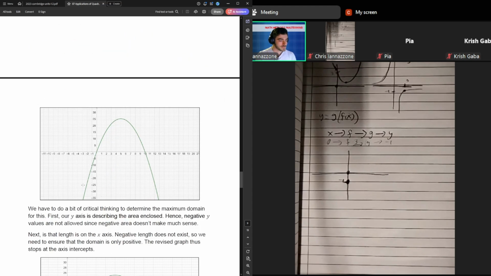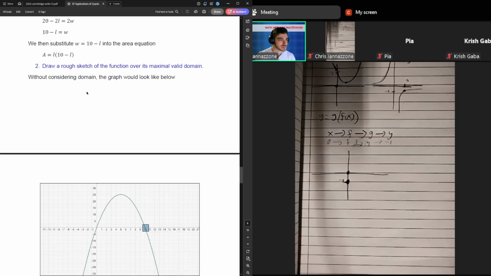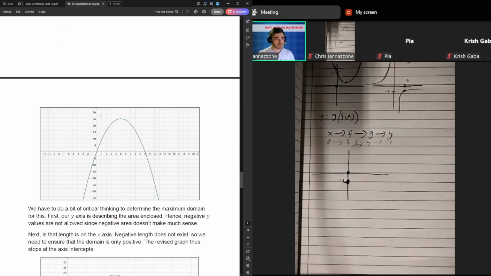So let's sketch it. If you sketch over the full domain of a normal quadratic, it would look like this. It's cutting at L equals 0 and L equals 10, as per the null factor law here. But that's not quite the valid maximal domain for this, because you need to remember, this on the y-axis is area, and on the x-axis is length.